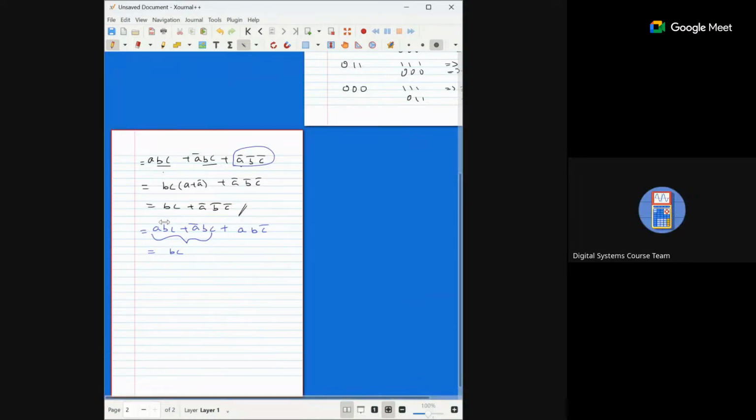And similarly, if I compare with these two things, is there any common term? AB is common. So what I am supposed to do is duplicate one more element like this, ABC, which is ABC plus ABC, ABC only. So within these two terms, I can bring AB. So out of 3 literals, I bring it to 2 literals.